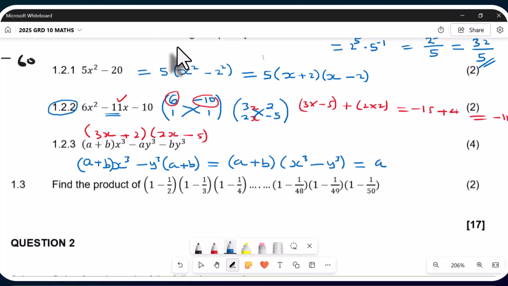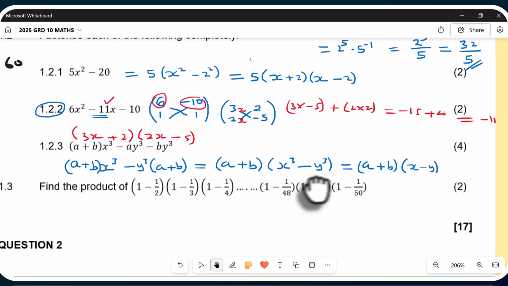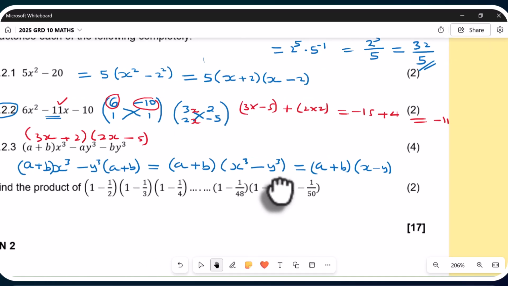So now tell me, what is 1 minus 1 over 2? You get 1 over 2, isn't it? Then what is 1 minus 1 over 3? And then what is 1 minus 1 over 4? And then the other multiplications here.